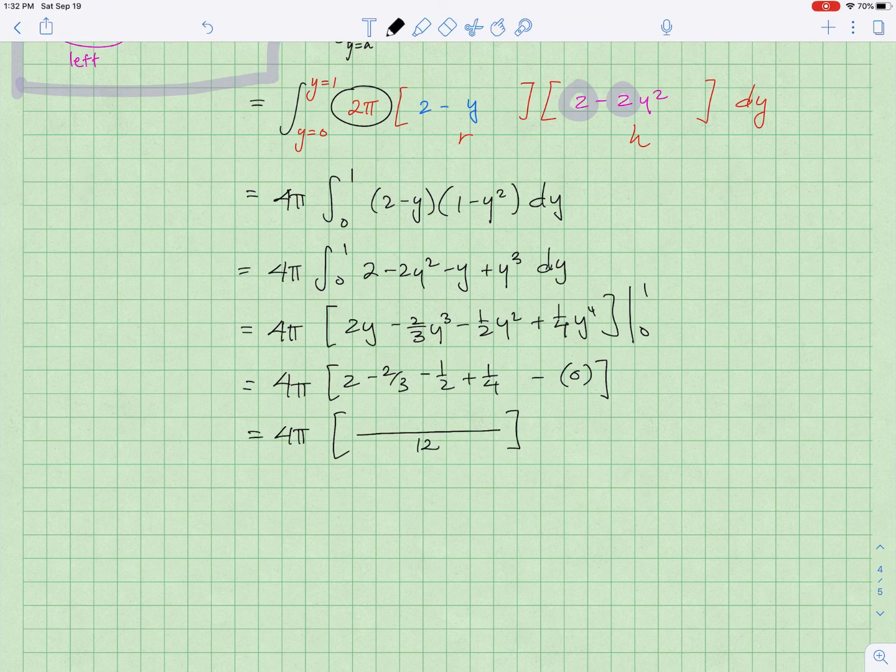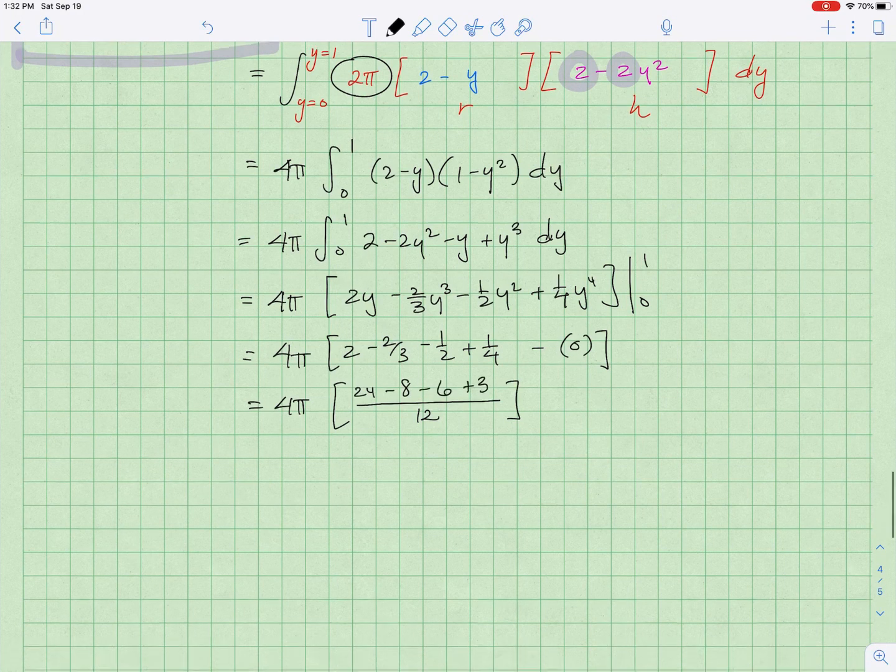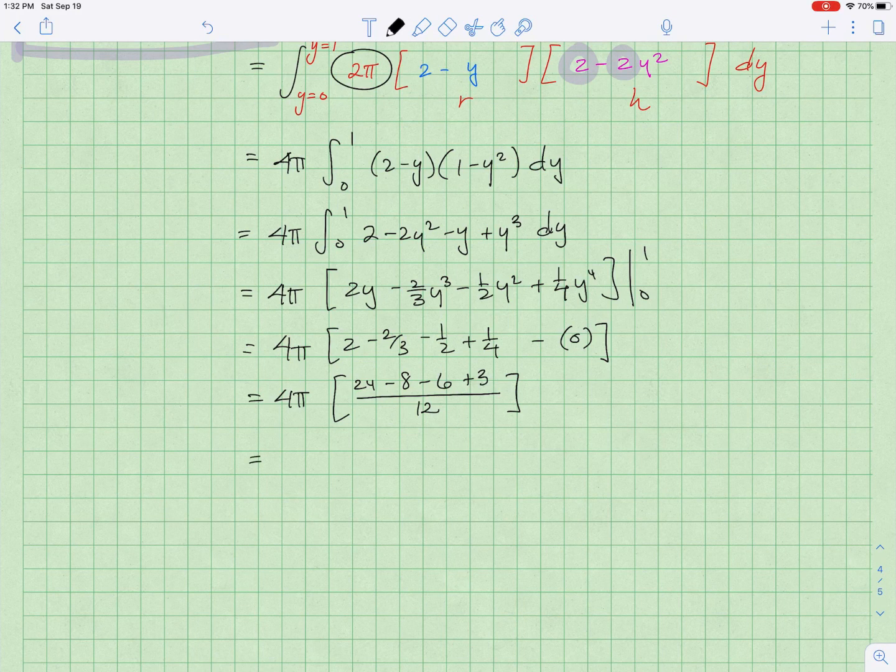That'll be 24 twelfths minus 8 twelfths minus 6 twelfths plus 3 twelfths. And we'll clean that up, and 4 will go into 12 3 times. And 8 and 6 is 14. 24 minus 14 is 10, plus 3 more is 13. Pi over 3.